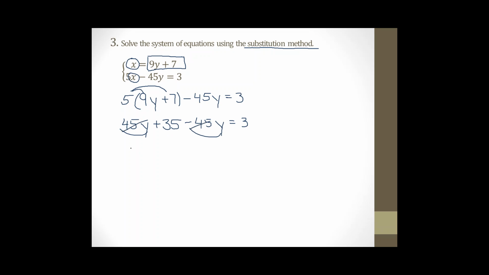So I'm left with 35 equals 3. This is not true, so it's not equal to 3. And that means that this system would represent two parallel lines. So the actual solution to this would be no solution, because there is no point where those two equations ever cross. So no solution.